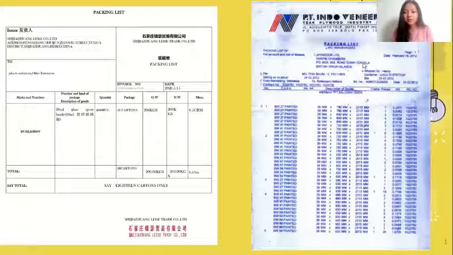But it's still understandable if you read it more. You must read it twice or more, because it's hard to understand. This is the description of the goods.